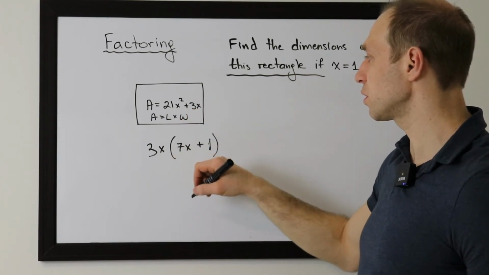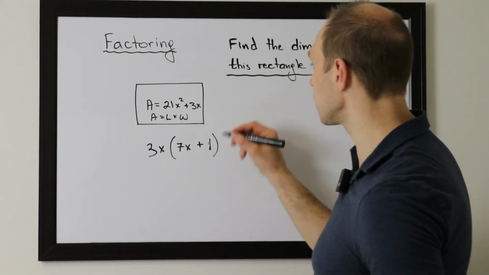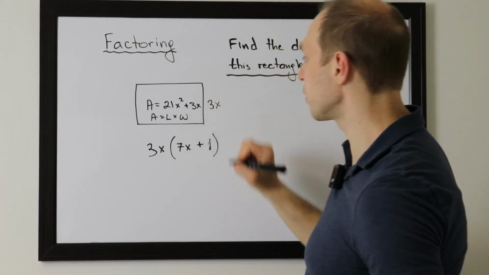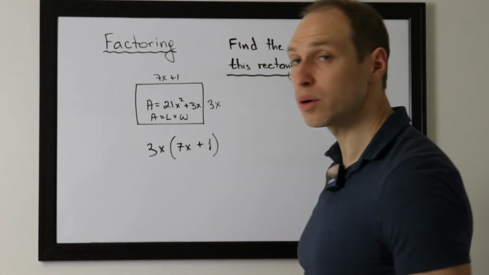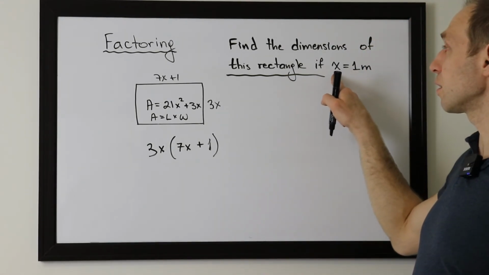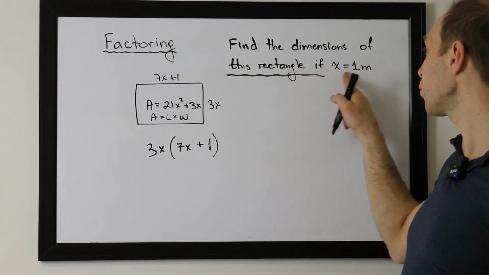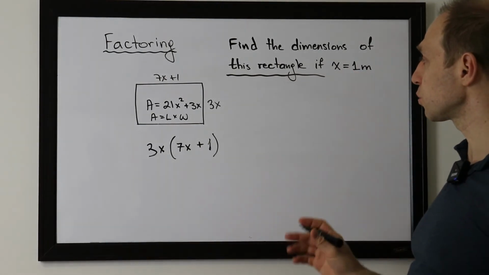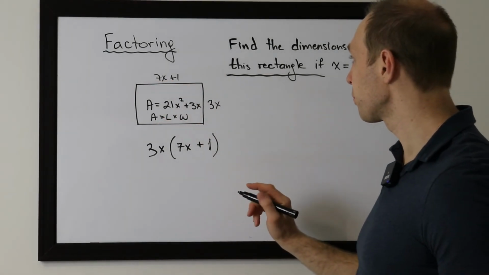Okay, so this is the expression that we have in a factored form, which means 3x will probably be its width, and 7x plus 1 will be its length. And it's not over. We have to keep in mind that if x is actually given a value of 1 meter, the question is what would be the length and width of this rectangle.